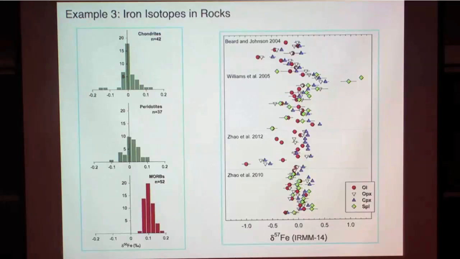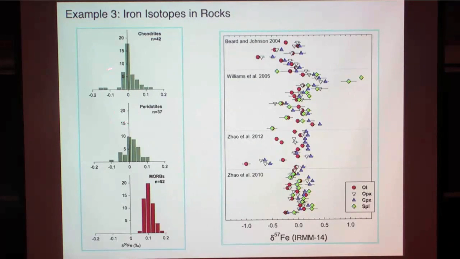So an example for iron isotopes in rocks. I don't have citations, sorry. This is from Craddock and Dauphas and Warren, and this is from Young et al. 2015. What you see is that when we look at iron isotopes in rocks, chondrites are approximately at 0. Now we're assuming that the Earth is chondritic. We can have a whole discussion whether or not that's true in terms of stable isotopes, but for the next hour, just assume the Earth is chondritic for stable isotopes.